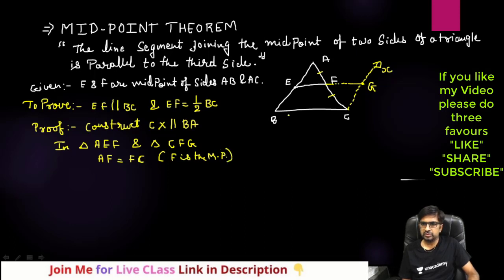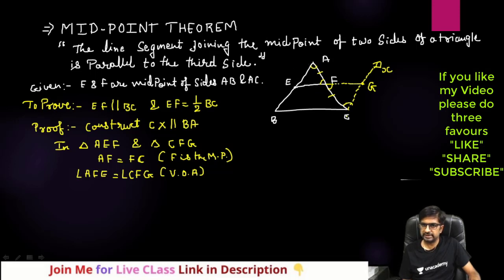Okay. Now second thing, can you say these two angles are equal? Vertically opposite angles. Angle AFE is equal to angle CFG, vertically opposite angles. The third thing, we already know these two lines are parallel. So can I write this angle is equal to this angle?